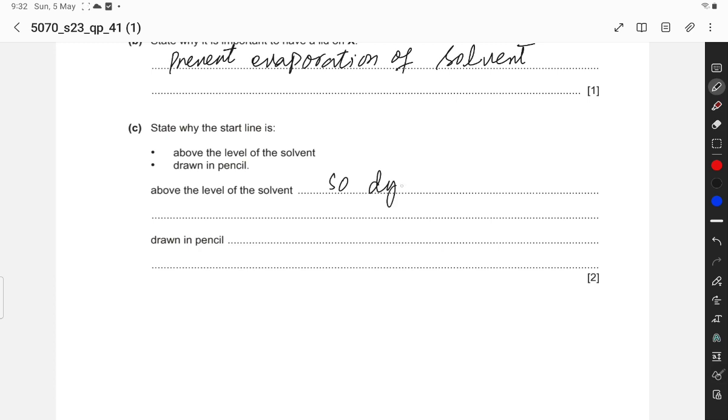So the dyes do not dissolve into the solvent.